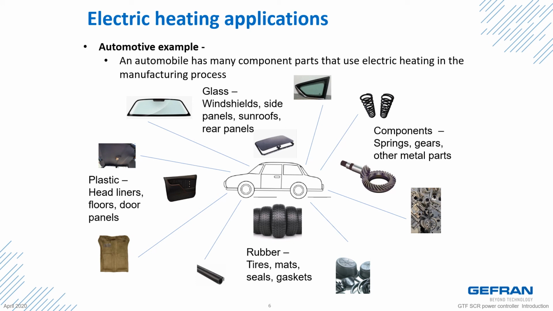Metal components such as springs and gears and other metal parts in the automobile. In rubber manufacturing, typically tires and mats, seals and gaskets, and in plastic manufacturing for headliners, floors, and door panels.